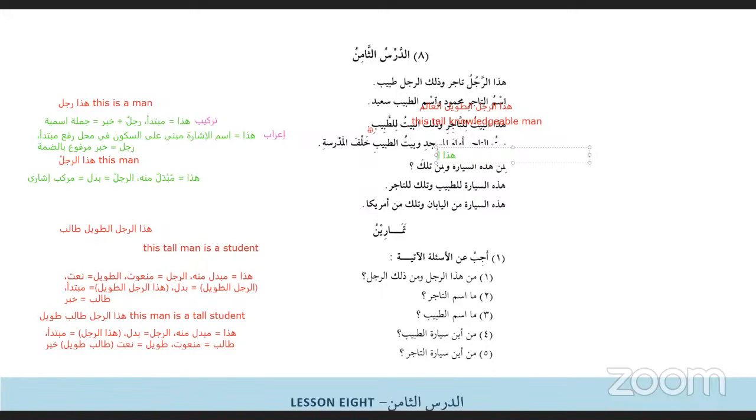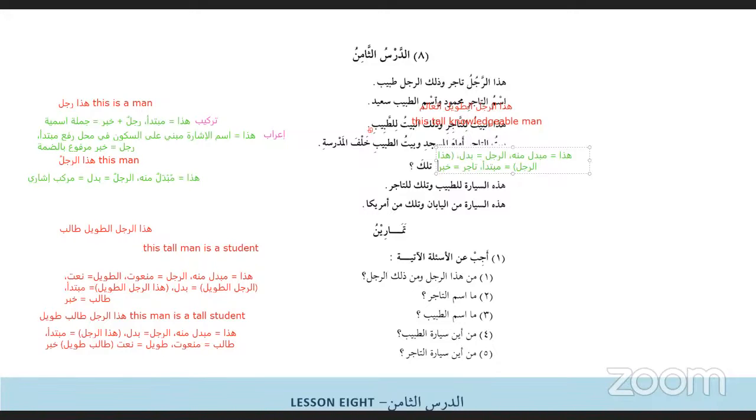Sorry, هذا equals مبدل من, and الرجل equals بدل, and those two together, هذا الرجل, equals مبتدأ, and that leaves us with the word تاجر, which equals خبر.